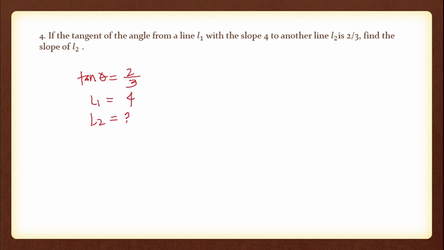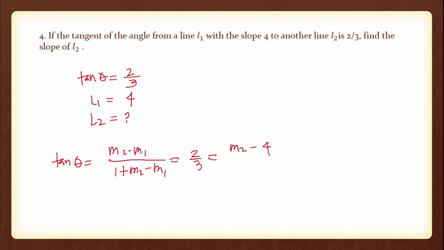So we need to find the slope of L2. By the use of tangent theta, m2 minus m1 over 1 plus m2 m1, we have tangent 2/3 equal to m2, which is unknown, minus m1 over 1 plus m2, which is m2 times 4.